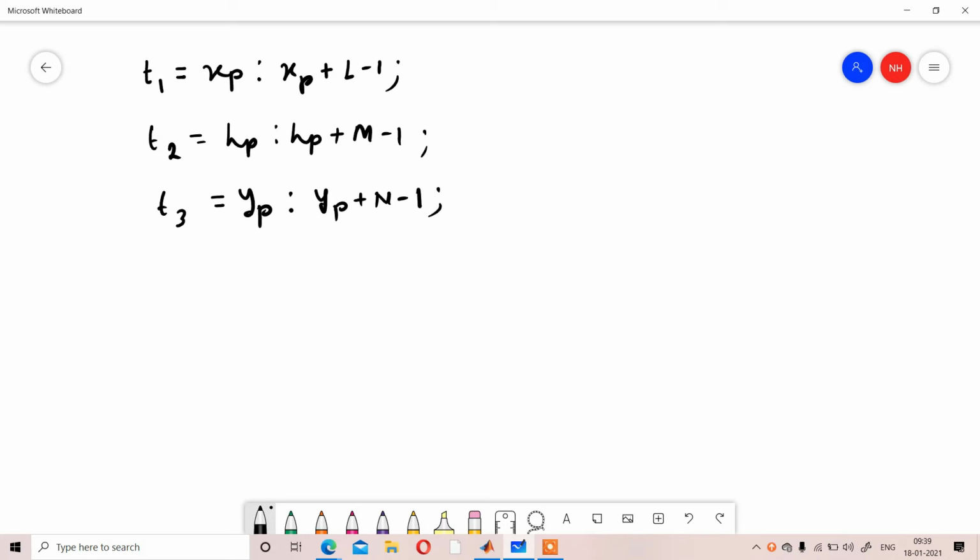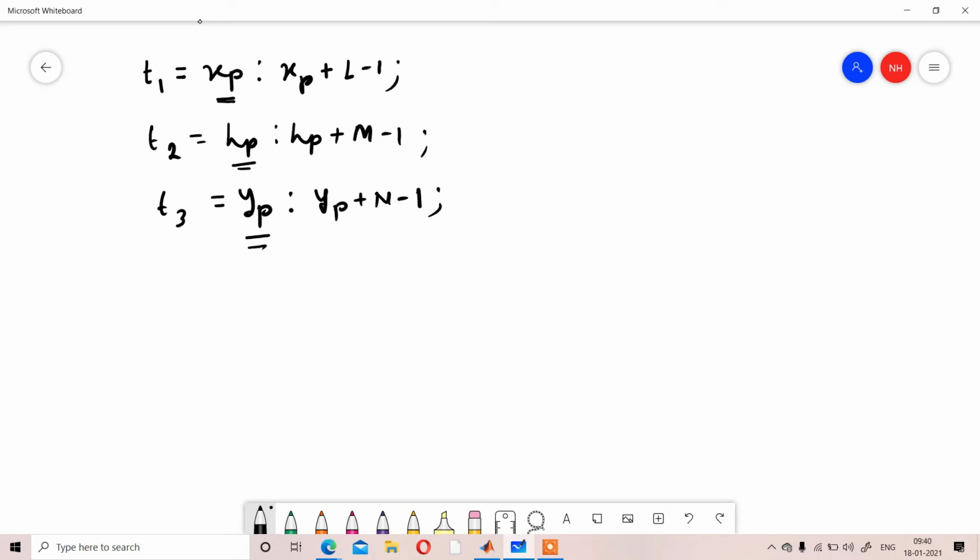So what is happening here? xp is the starting index of x, hp is the starting index of h, and yp is the starting index of y.